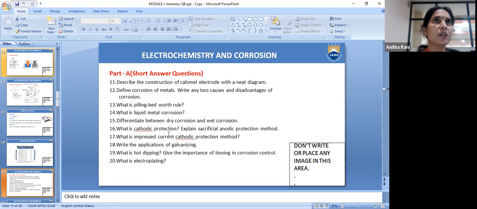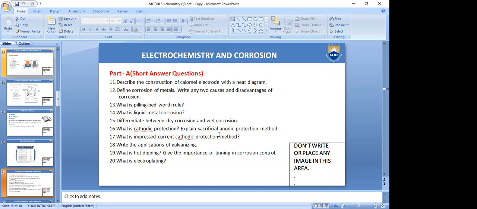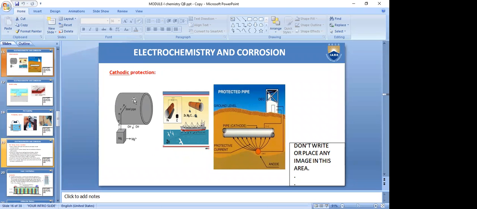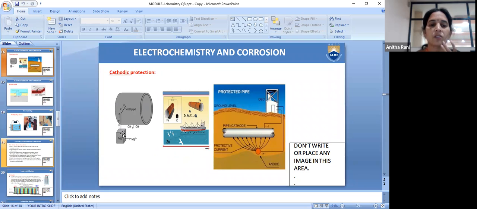Students, what is cathodic protection? How are you protecting the base metal? In cathodic protection, we connect a metal which is more active than the base metal to the base metal.